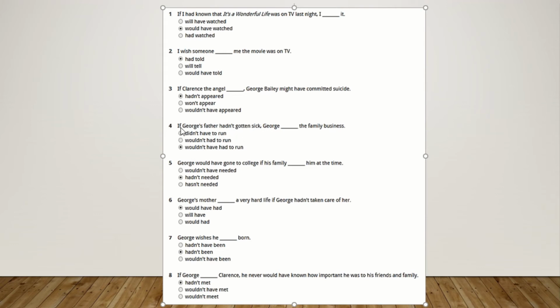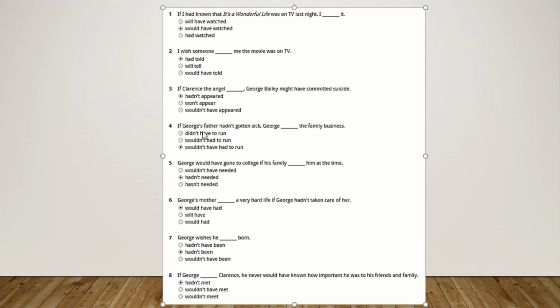In the if, not only the simple past, but the past participle, always had, positive or negative, and the participle of the verb. If you see this structure, you need the longest result, not only would and the base form, but would and present perfect, right? So would and present perfect, yes.